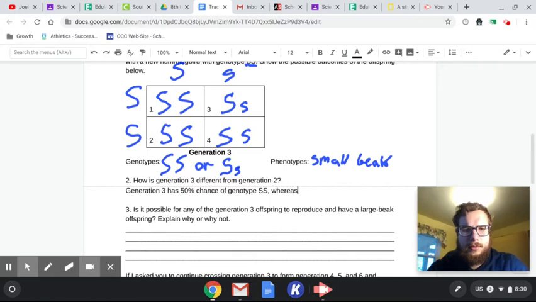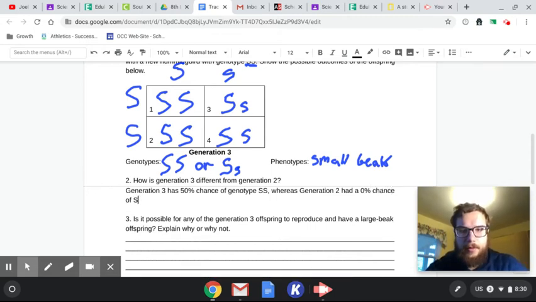Whereas generation 2 had a 0% chance of big S, big S. So in other words, the main difference between generation 3 and 2 is now you could potentially have two dominant traits.